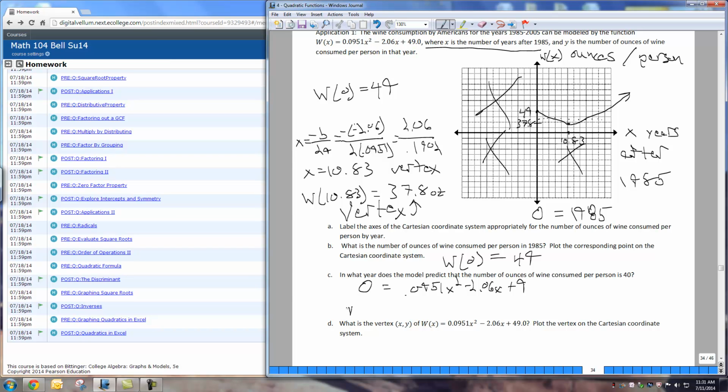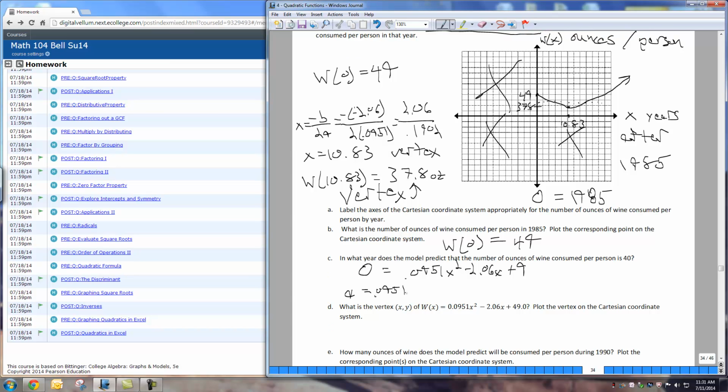So now let A equal 0.0951. Let B equal negative 2.06. And let C equal 9. And then use the quadratic formula.